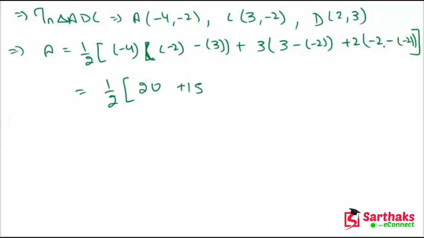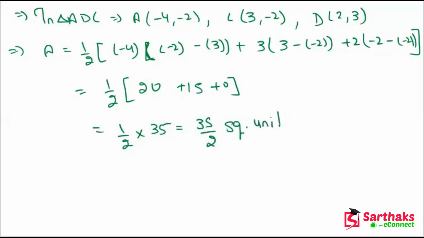And here -2 minus (-2) means -2 plus 2 we get 0. So after solving this we get 35 divided by 2 square unit. So this is the area of triangle ADC.